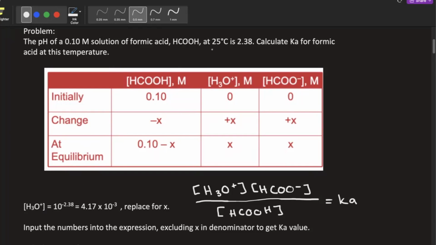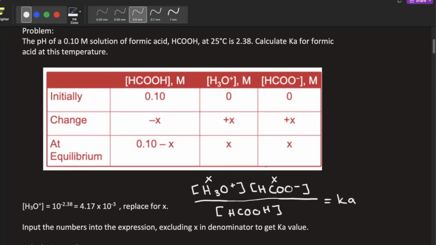Now, we know that the pH is 2.38. So we can use the pH, like we did in the last review, to calculate the concentration of H3O plus. We can take 10 and put it to the negative of the pH to get the concentration, 4.17 times 10 to the negative 3. That is our concentration for H3O plus. And by using the ice chart, we can also deduce that this is also X.